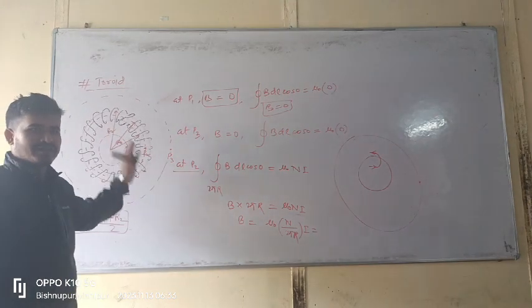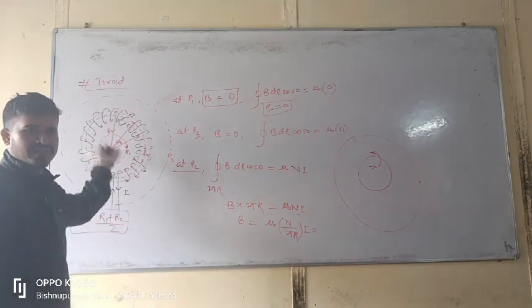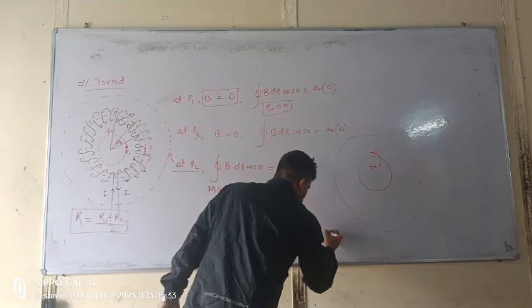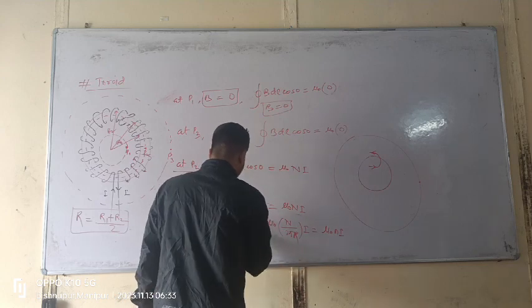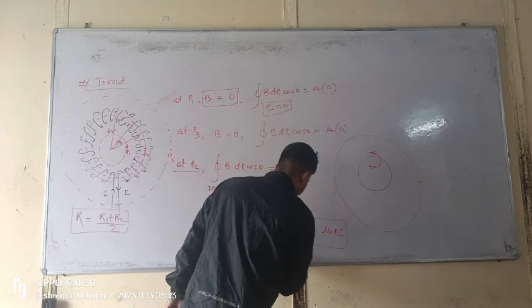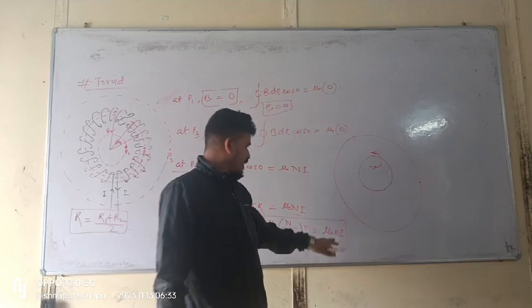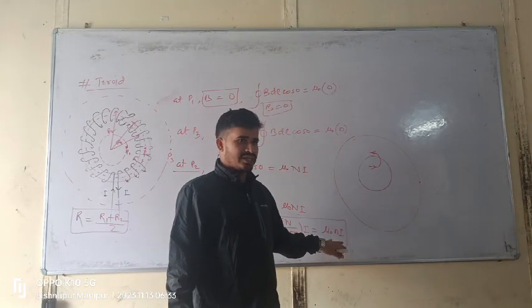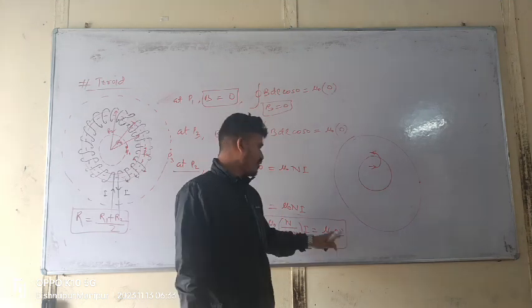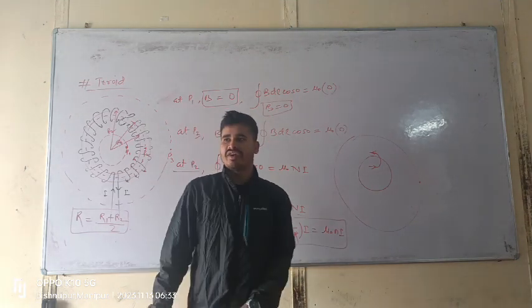Is it perimeter? It is circumference. The formula is the same as that of a solenoid of infinite length.